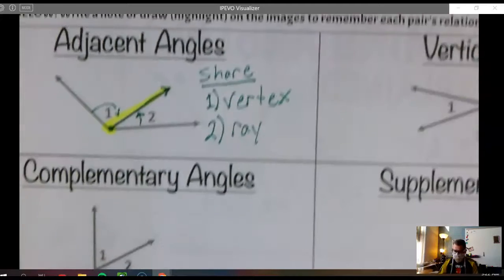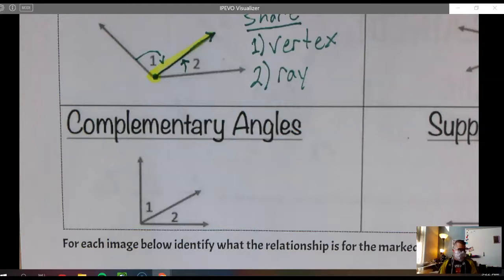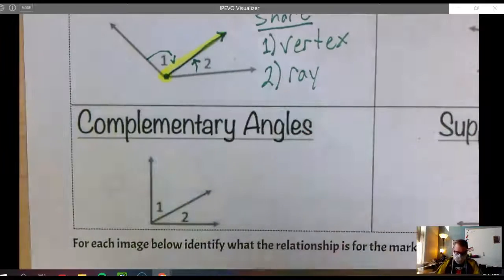Now we're going to jump down to complementary. So come down here with me. Here is one of the things that I hope you remember for a very long time. When you think about it, you shake your head and say, oh, Mr. Hudson. If you walked in and I was like, Lacey, I really like the print on your mask. Madeline, your backpack is super cool. Miriam, your pants look like you fought with a lawnmower, but it looks sweet.